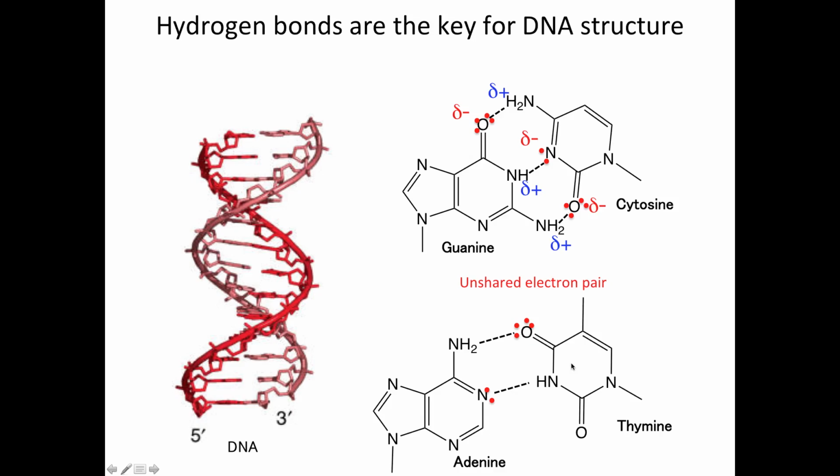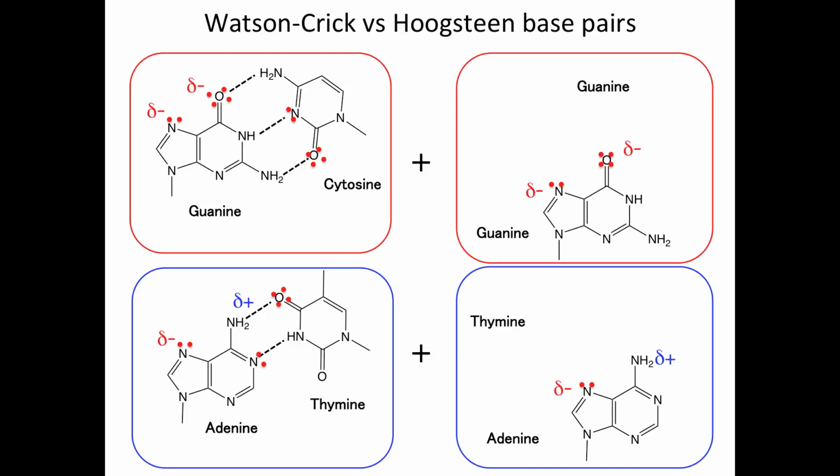In the case of adenine and thymine, hydrogen bonding makes a similar binding. It means that the lone pair and hydrogen are very important to form the DNA structure. You know that such a structure is called the Watson-Crick type.